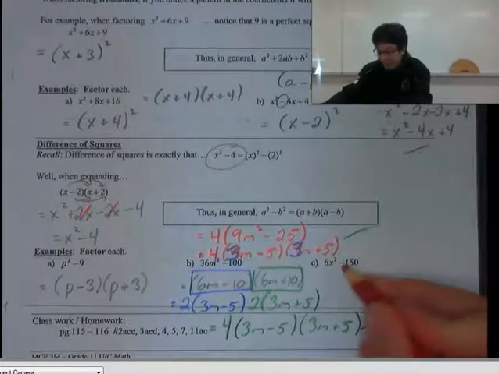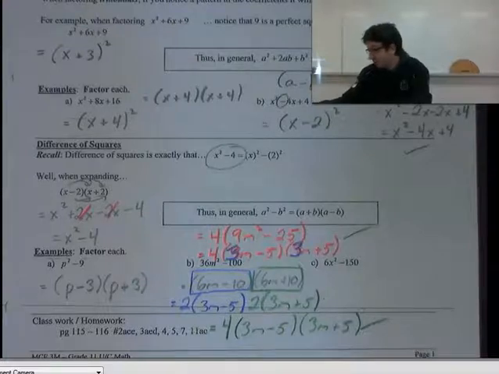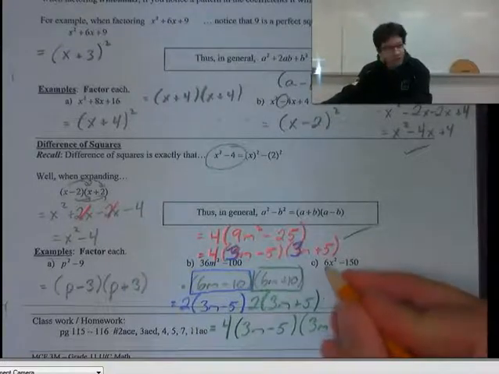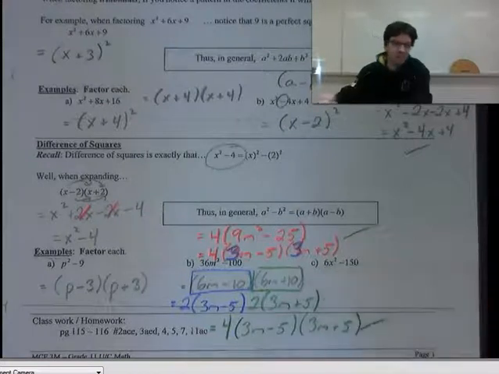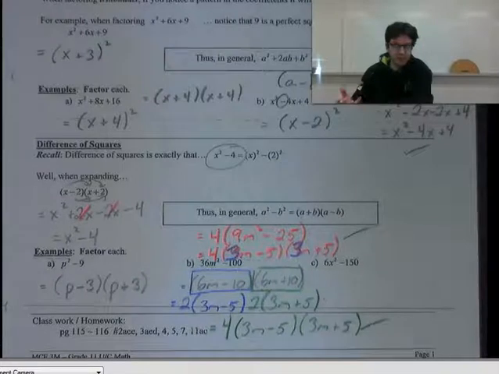Now, in this case, you're going to want to pull out the common factor first. Why? Because you might look at 6 and you'll say, no, 6 is not a perfect square. 3 squared is 9, 2 squared is 4. Okay? 6 doesn't work.